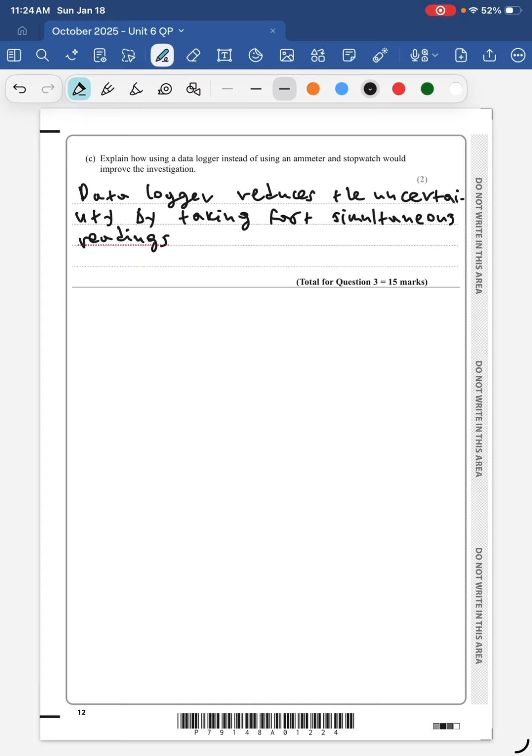Okay, and if we do a higher sampling, meaning taking more points, higher sampling improves the best fit line and accuracy.